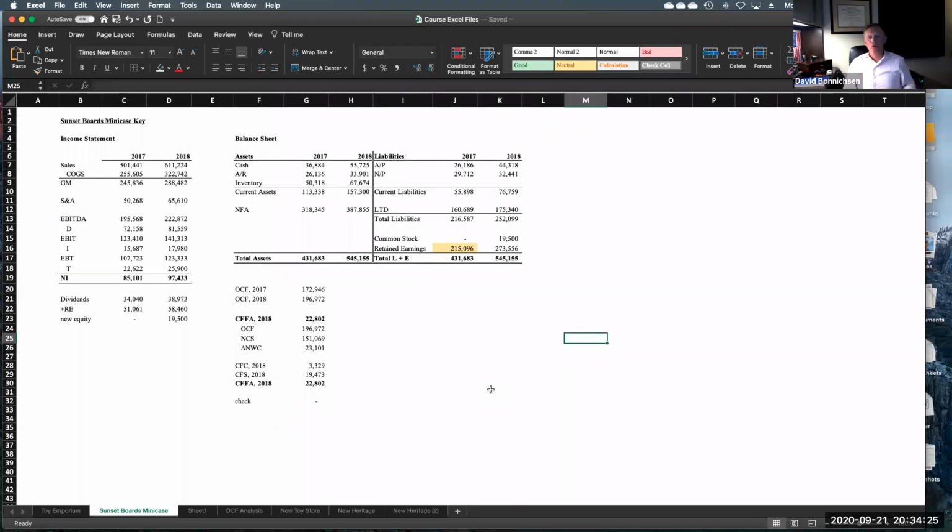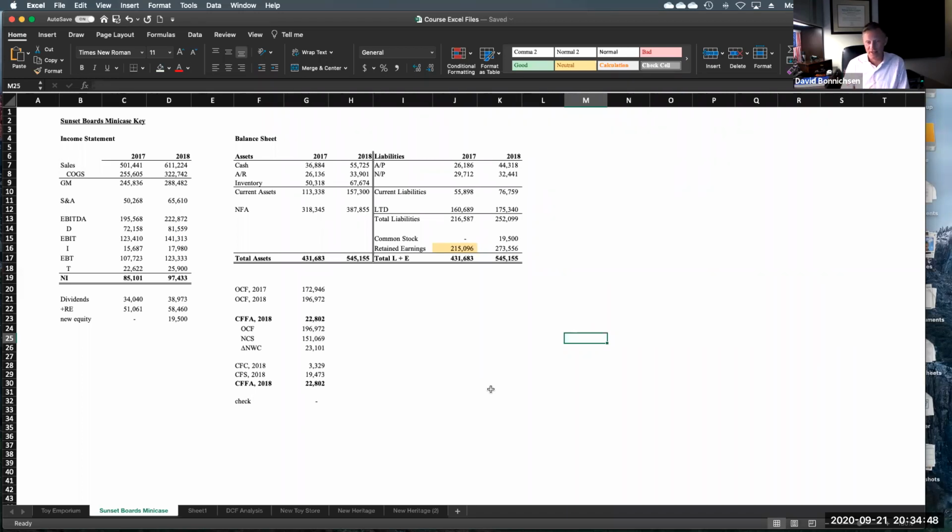If you feel like you're behind, or you need more support on the mechanics between the income statement and the balance sheet, retained earnings, dividends, earnings per share, price to earnings ratio, cash flow from assets, you need to reach out to me. I am more than happy to spend time with you one-on-one.